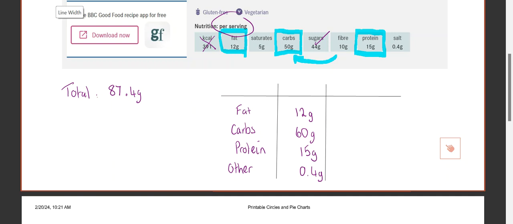What we do, when you remember, is we say we have 12 out of the 87.4 is fat, and then we times it by 100 to turn it into percentage. Remember doing that? So can you do that for me?